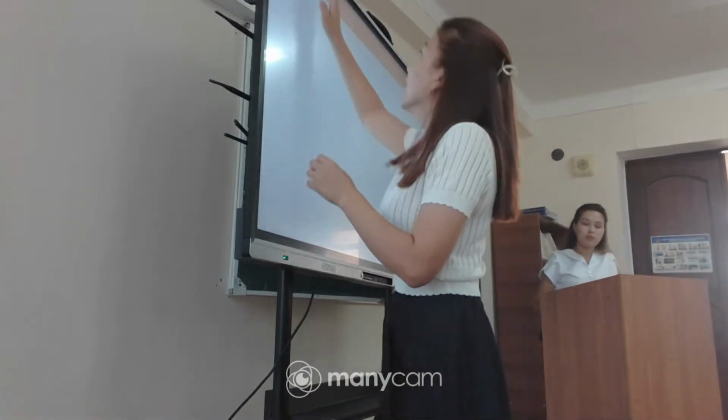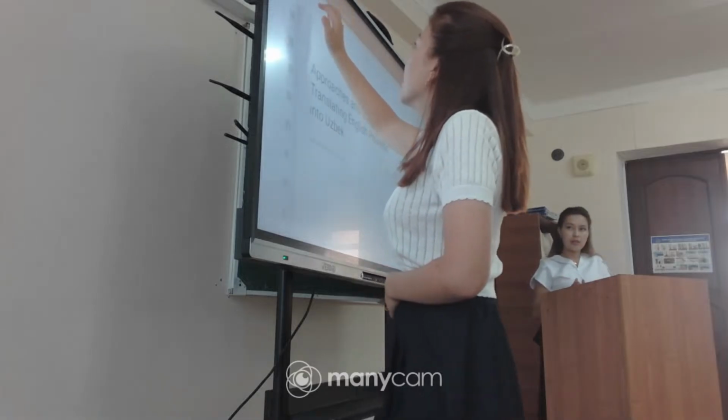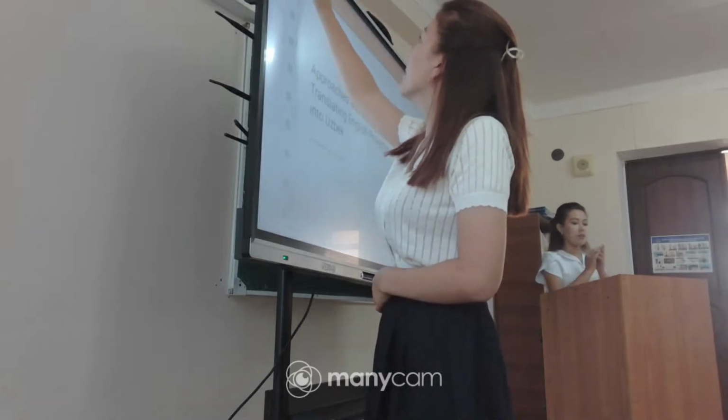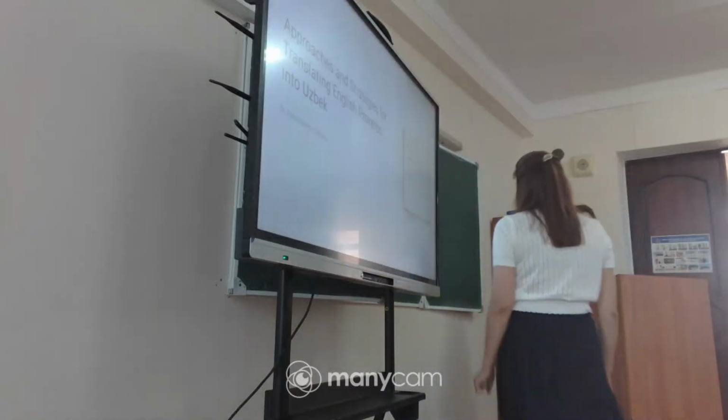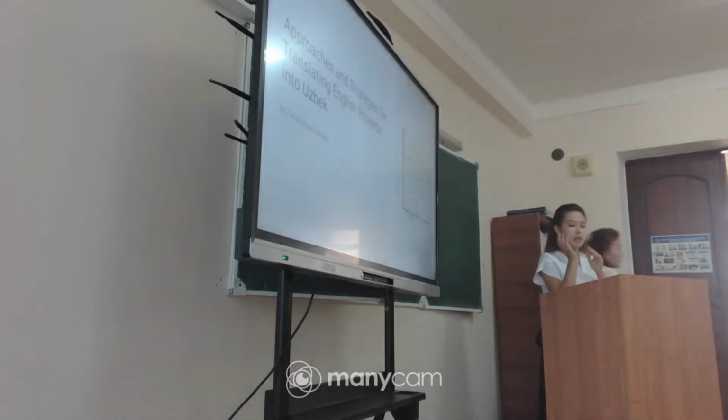On this slide, I present the aims and the research tasks of our study. The main aim of our research is to analyze how English proverbs can be translated into meaningful and natural Uzbek.